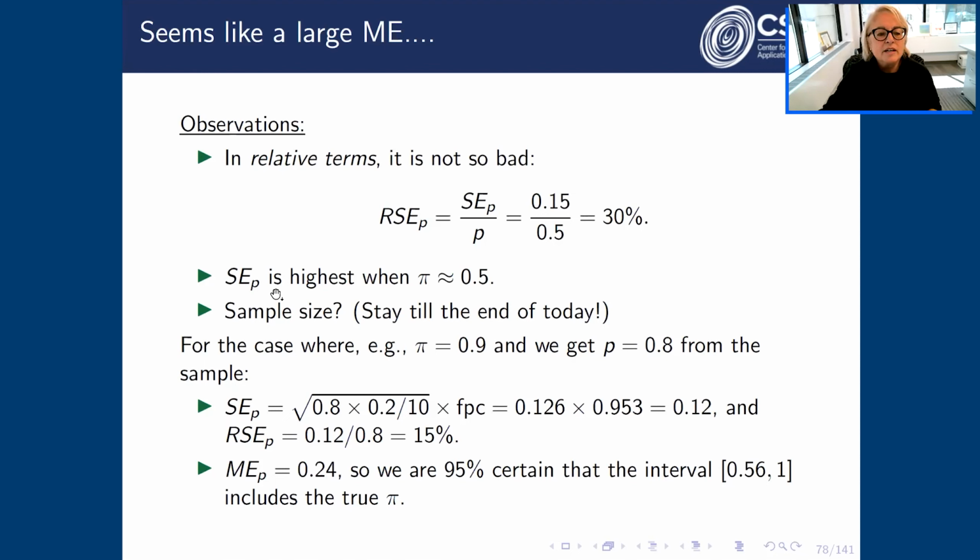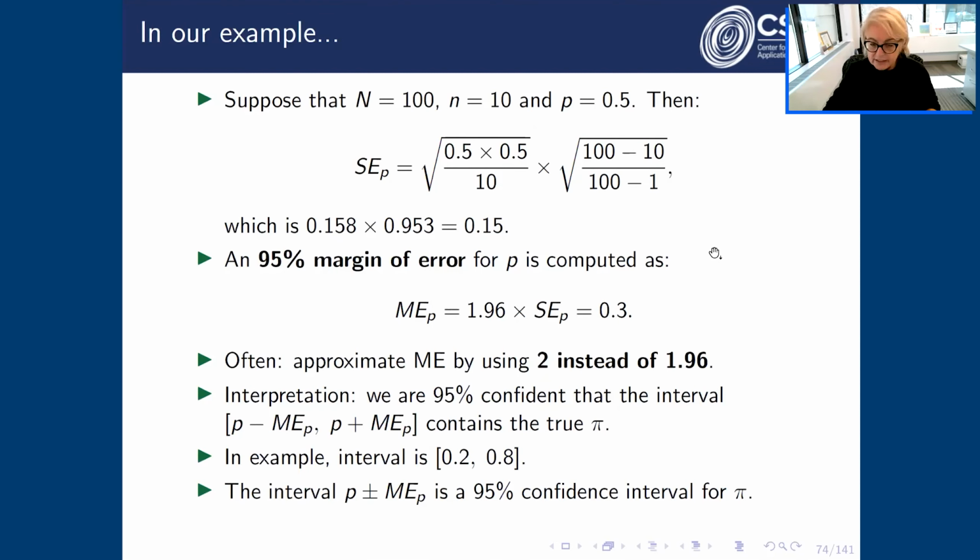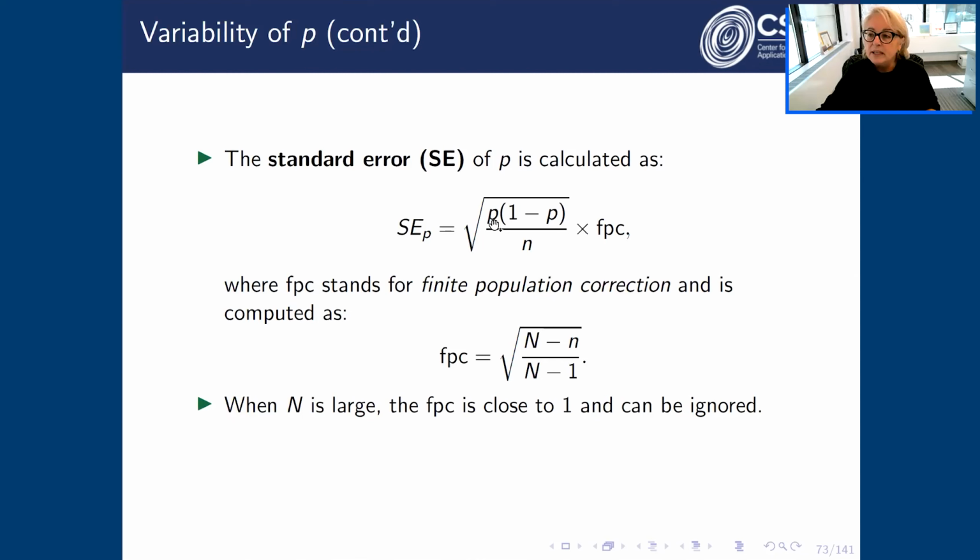So the standard error of the sample proportion is affected by 2 things, actually. Let me go back to the formula. It is affected by the value of p and also by the sample size. The closer p is to 0.5, the closer the true pi is to 0.5, the larger the standard error is going to be.